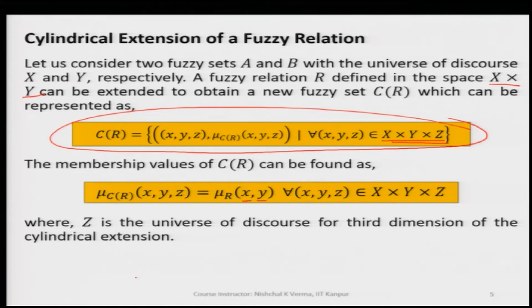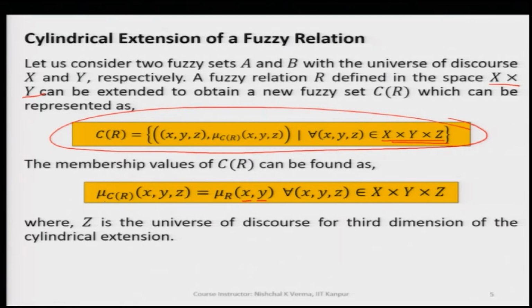All the membership values will be based on the points in the space x comma y. Now, when we are extending the dimension, let us say z, after taking C of R, the cylindrical extension of R, the membership values will now depend on 3 generic values.